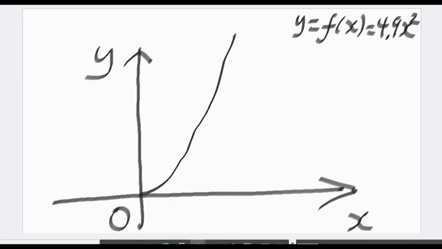What we need to do is find the velocity, which is change in distance over change in time. To do that, in this context, we need to first pick a random point P on the parabola. It has coordinates xp and yp.